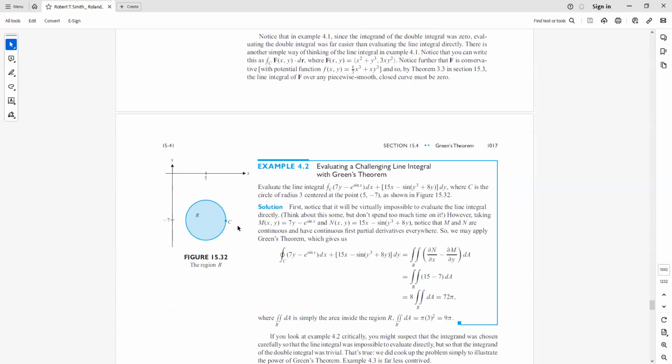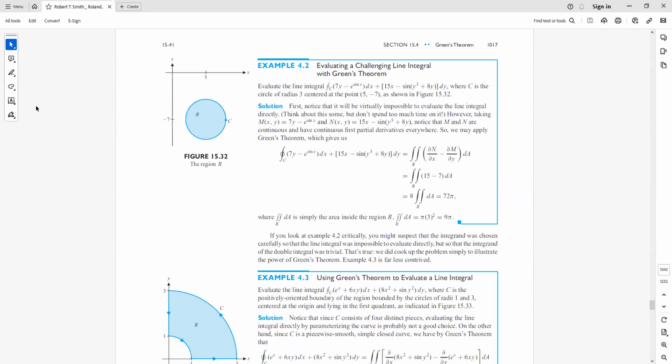Let's take more examples. For instance, now we can see here we have a circle. We have to evaluate this line integral over the circle. And again, we will use Green's theorem instead of computing the line integral directly.